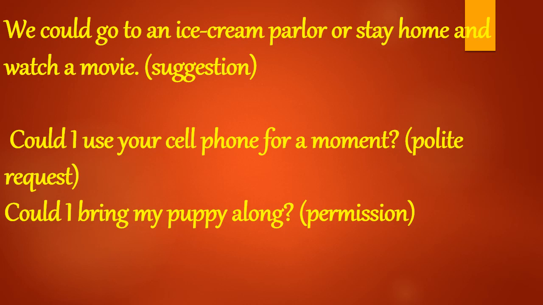There can be some more examples like, could you tell me the time please? Could you show me your pen? So these sentences are of polite request. Then next, could I bring my puppy along? This is permission. Means could is also used for permission.